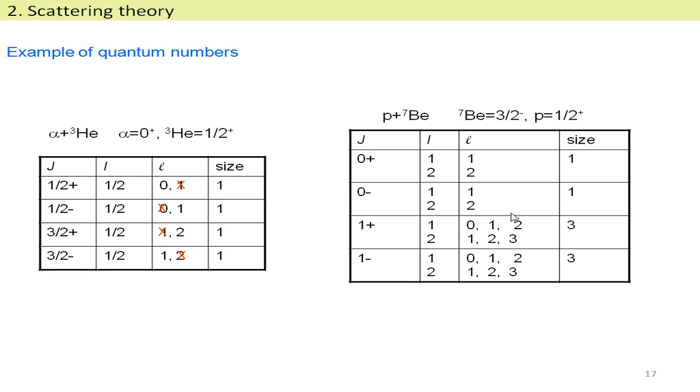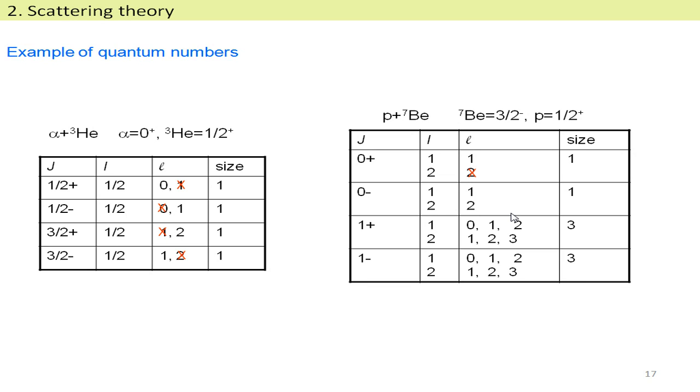Now if you have a slightly more complicated example with proton plus beryllium-7, beryllium-7 is 3/2 minus, proton is 1/2 plus. So the channel spin is always 1 or 2, the coupling of this 3/2 and 1/2. So here you have the possible L values, but again the parity provides an additional selection rule. So you see here you have a negative parity. So to have 0 plus, you need L equal 1.